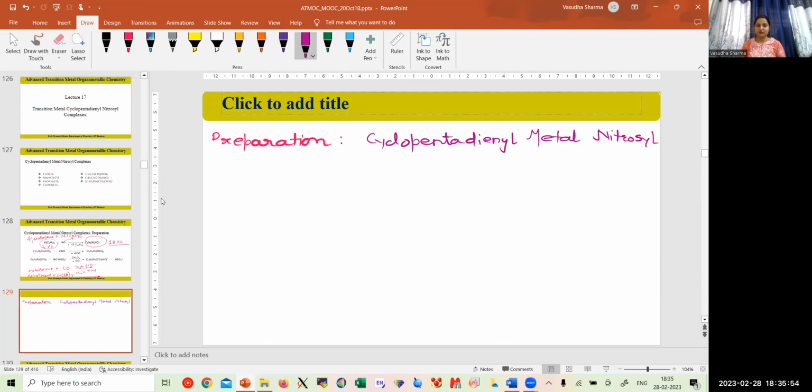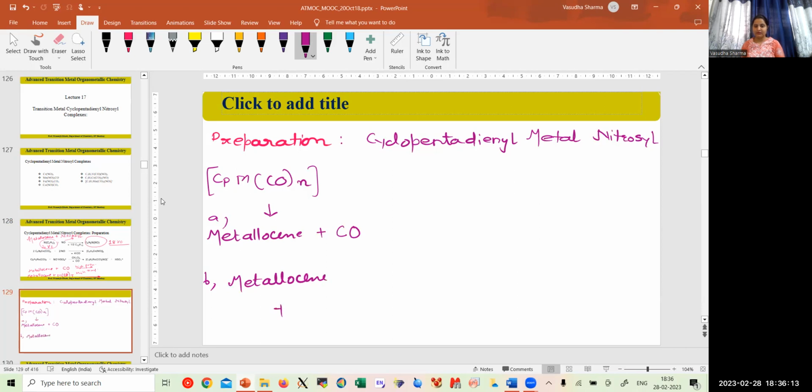So for the CpMCO, I'm just generally taking it, either we were having the metallocene plus carbon monoxide directly. One method would be this, or metallocene with metal carbonyl. We don't know how many carbonyls are attached with that metal. So these were the two preparation methods.